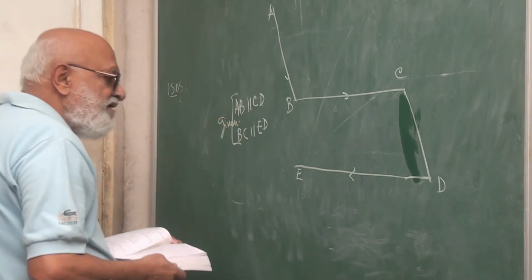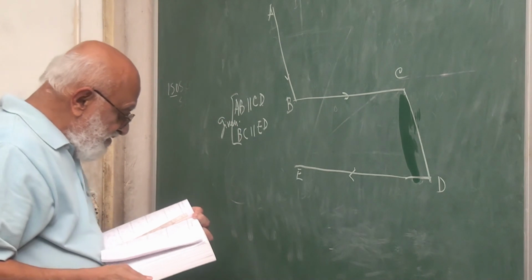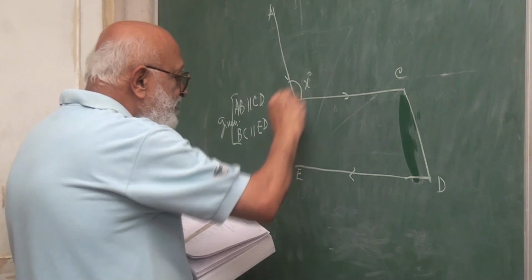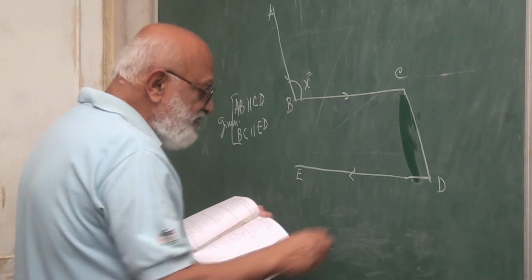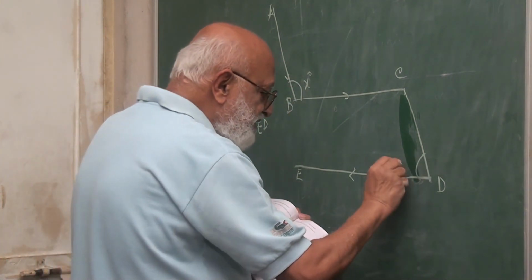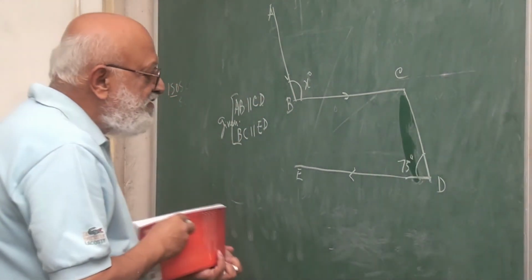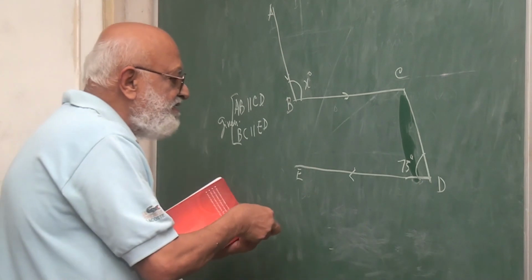This is given. And what else is given? We have to find this angle. And this angle is given as 75. Okay, simple and very easy.